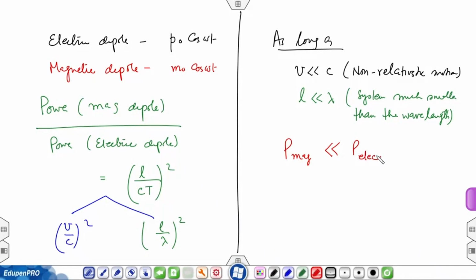If these two become comparable, then these two powers would be comparable.